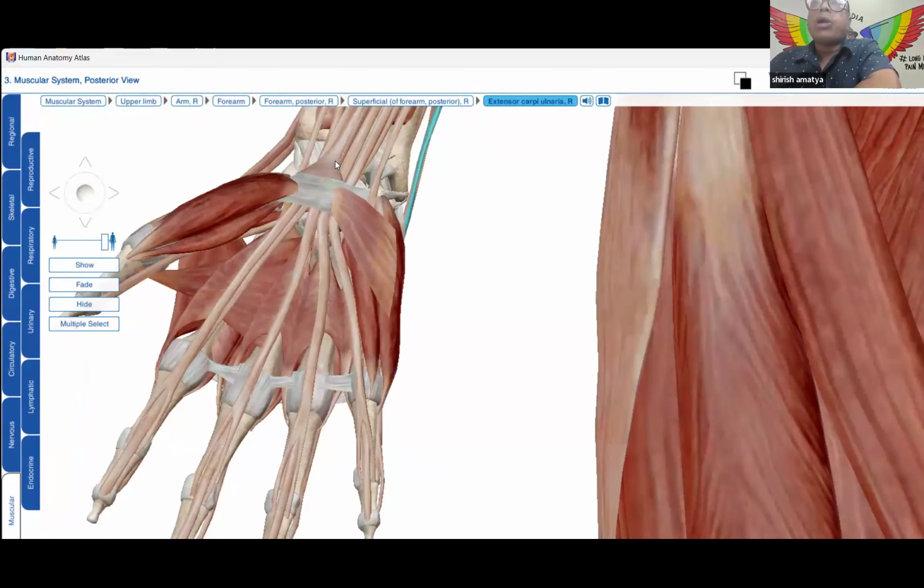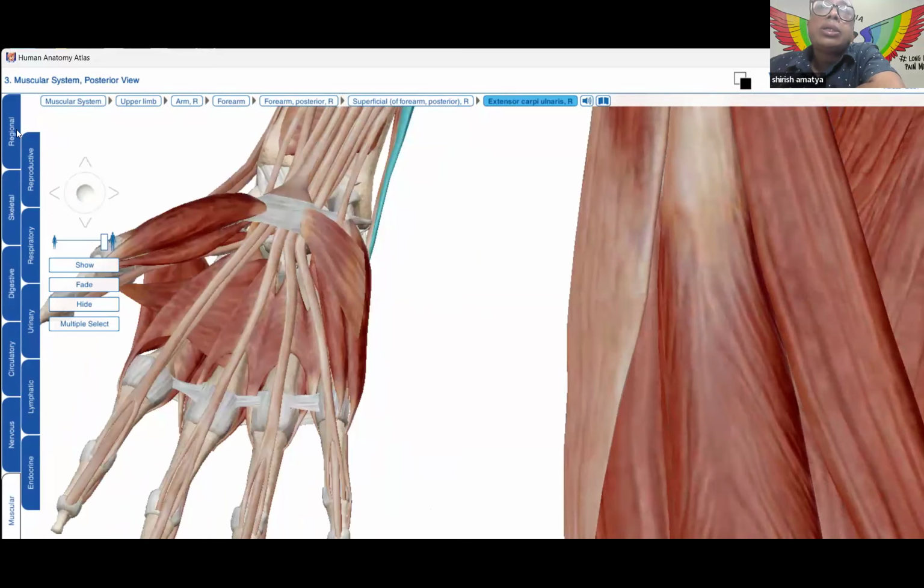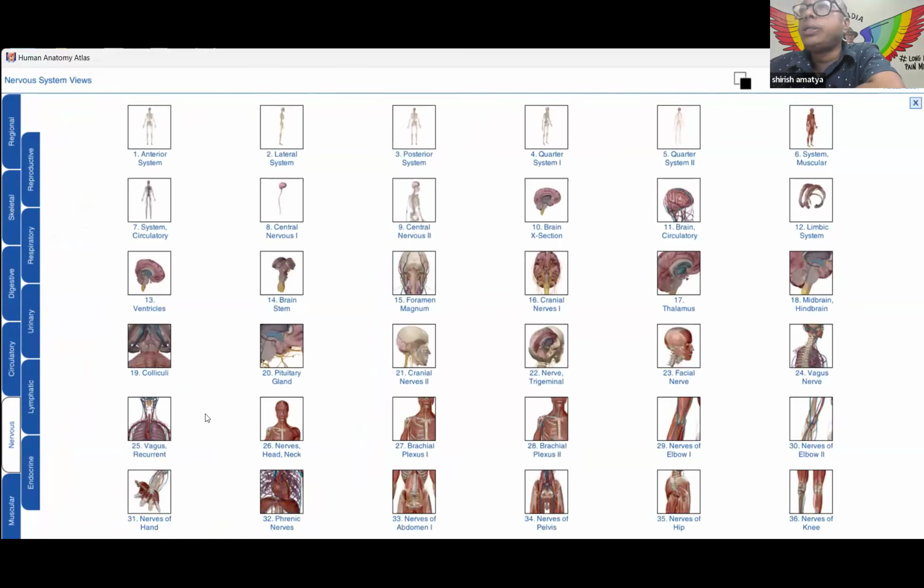Okay, so in ultrasound we will be nicely seeing this dorsal compartment, and in the proximal part, in the palmar aspect of the hand, we'll also be appreciating it. Let us go to the nervous system. Okay, here it is nicely seen.